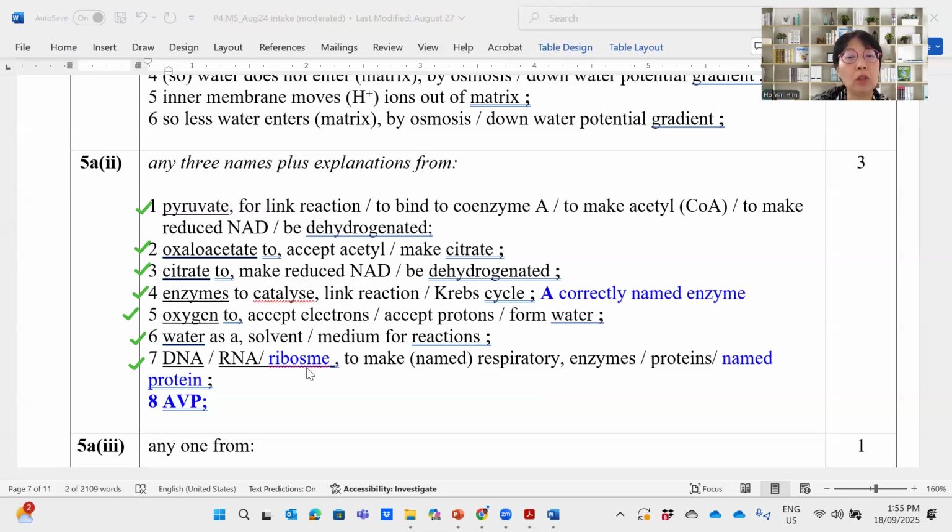RNA plus protein, so it's nucleoprotein. So they're involved in the synthesis of protein used in the mitochondrion, like enzymes, dehydrogenase, decarboxylase, carrier proteins, electron carriers, stalked particles, and so on, any named protein, and one other correct marking point.